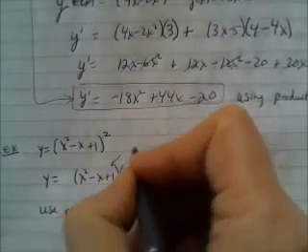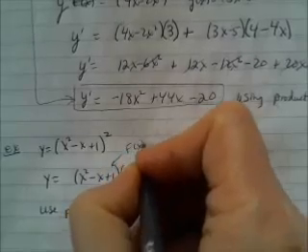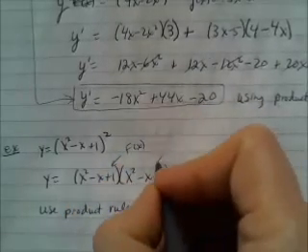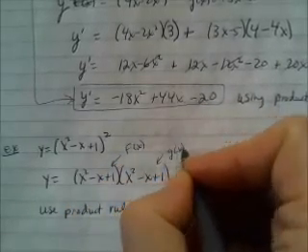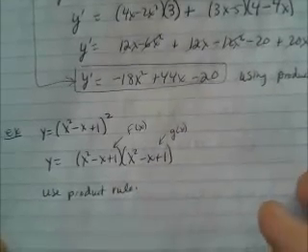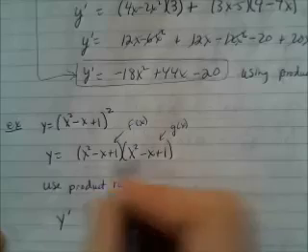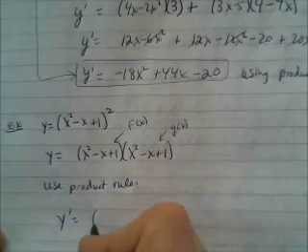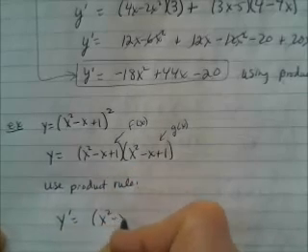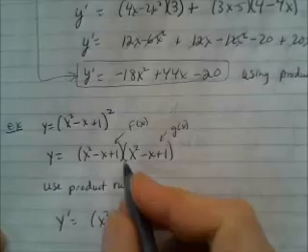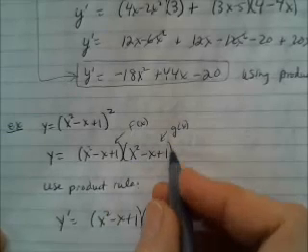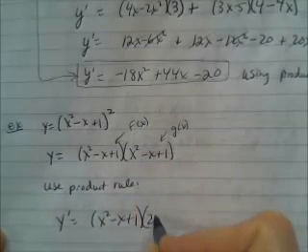And the product rule says we're going to let our first function be f of x. We're going to let our second function be g of x. Even though they're the same thing, we still call them f and g of x. So the derivative of this function is the first, f of x, x squared minus x plus 1, times the derivative of the second. Well, the derivative of x squared is 2x.